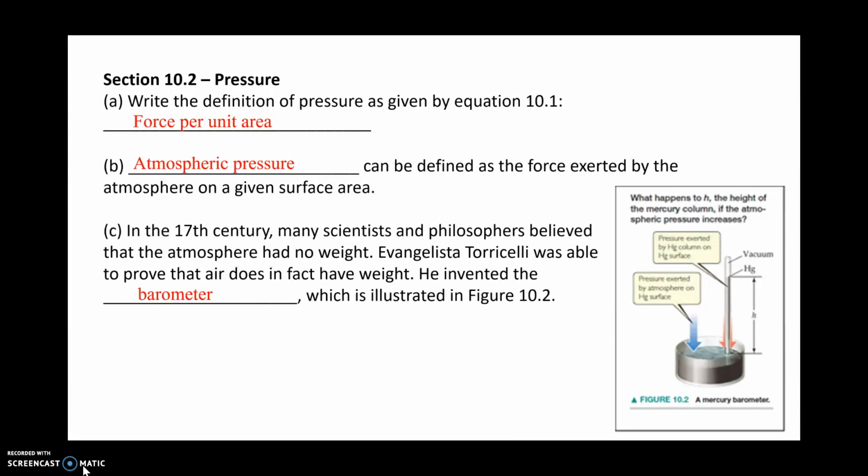He got a little pool of mercury. He inverted a glass tube that was closed at the top of this picture, open at the bottom, and put it into the mercury. The atmosphere pushed down on the mercury, and it caused the mercury to go up inside the tube to a certain height, h. And as the pressure of the atmosphere changed, the height of this liquid level of mercury would change.